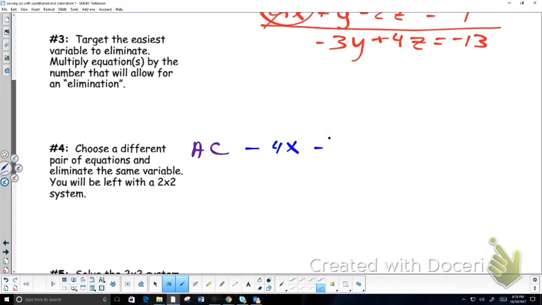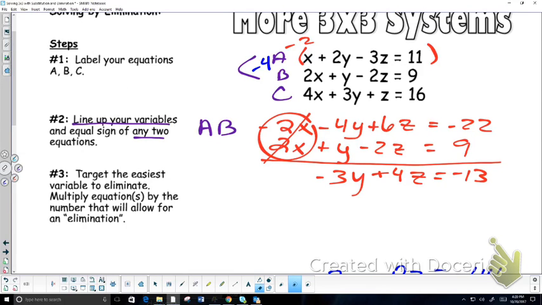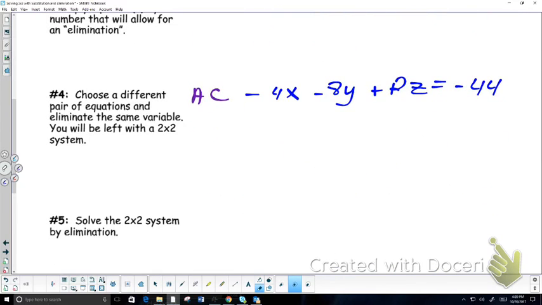-4x minus 8y plus 12z, oops, I didn't write that very nice, minus 44 equals -44. That's a 12. That totally doesn't look like a 12. Whoops. Oh, this board. Okay, that's a better 12. Okay, so that would be that one. Then if I'm going to do C, well, C is just 4x plus 3y plus z equals 16.